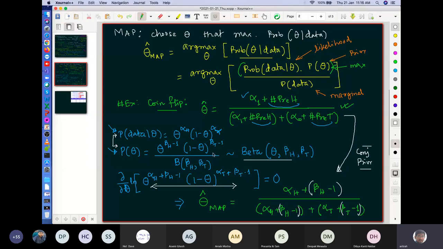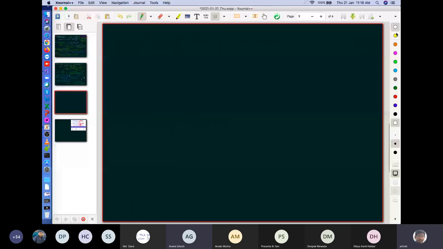Usually when people try to estimate such a thing, this is my prior, and I will try to figure out some prior which resembles my likelihood. That's why I took this kind of beta prior in two-part classification, that is heads or tails. If you look around in a more generic sense, let me write the generic sense.